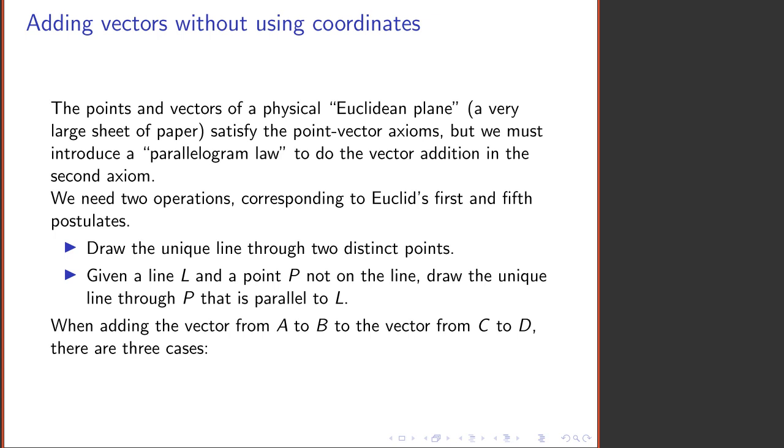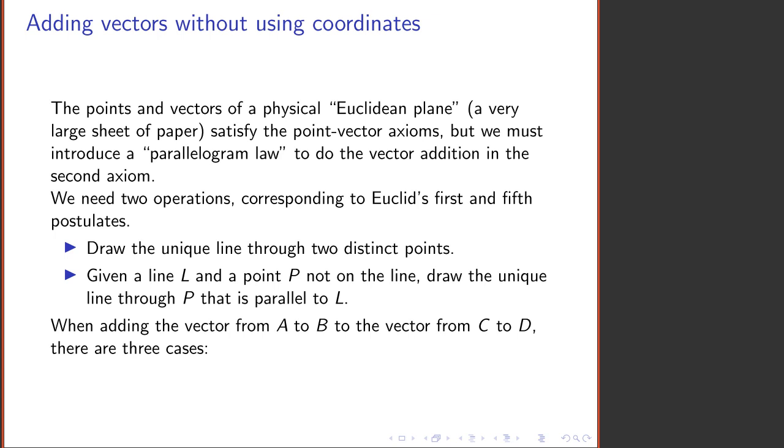A parallel ruler is a device in which a couple of straight edges are joined together by rods with movable joints in such a way that the rulers always remain parallel. And we need two operations. The first one, in accordance with Euclid's first postulate, says we can, with our straight edge, draw the unique line that passes through two distinct points.